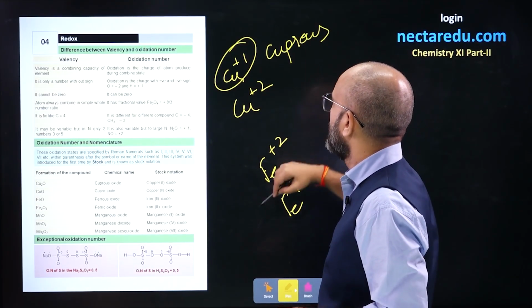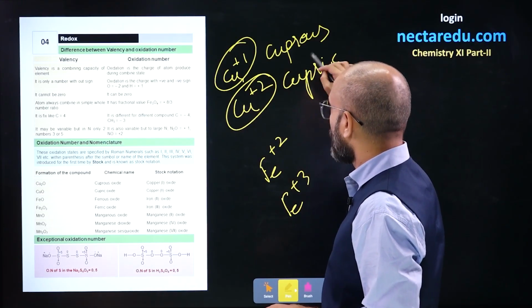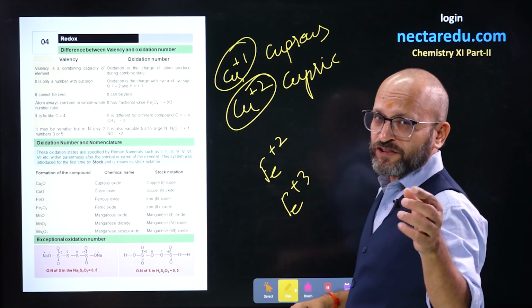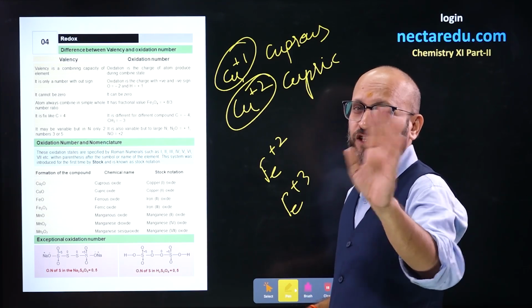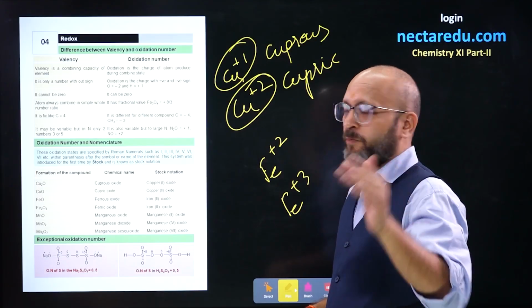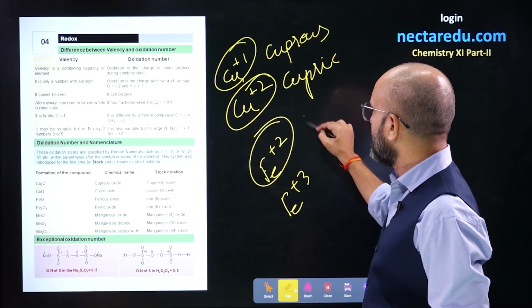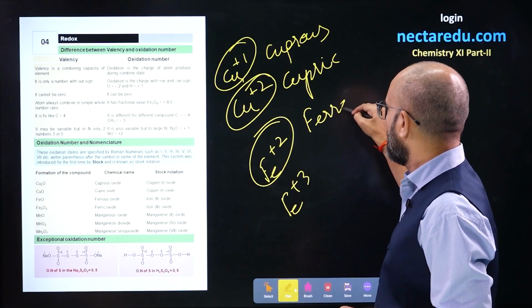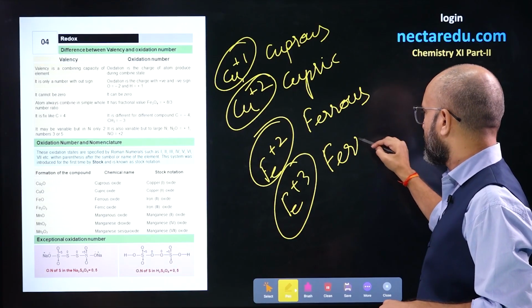There is a common name. And when copper is in +2, we call this cupric. As stock notation, we just mention the name of the element like copper. We don't say cuprous or cupric. We say copper, right? When Fe+2 is present, we say ferrous. And when Fe+3 is present, we say ferric.